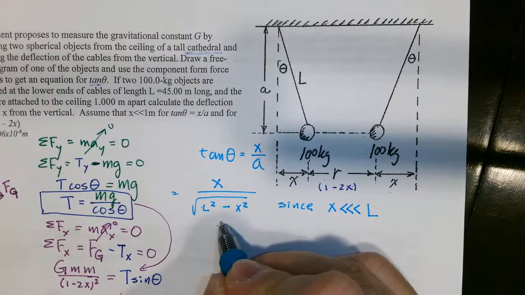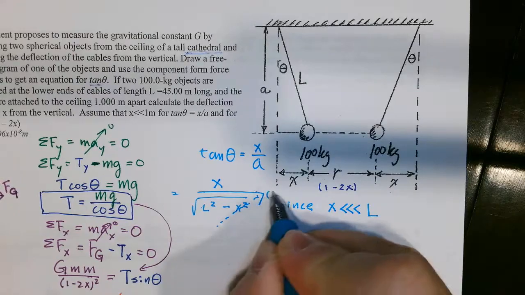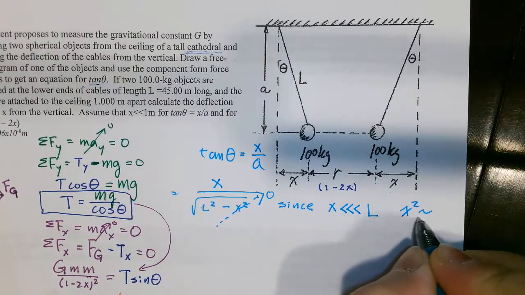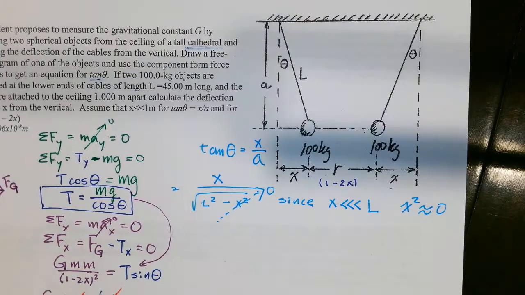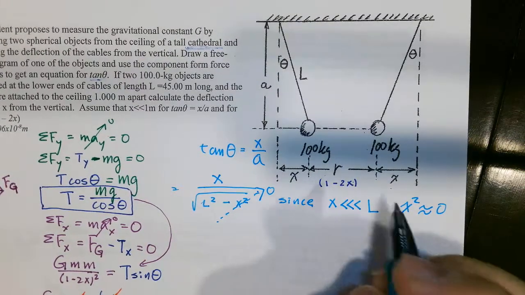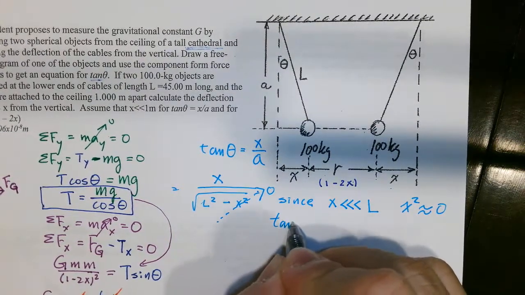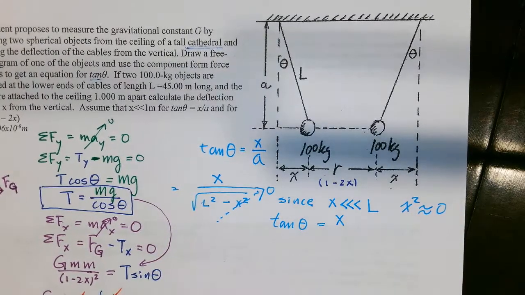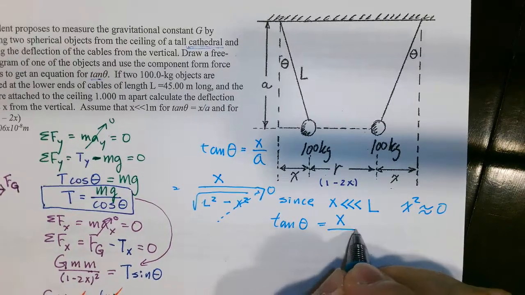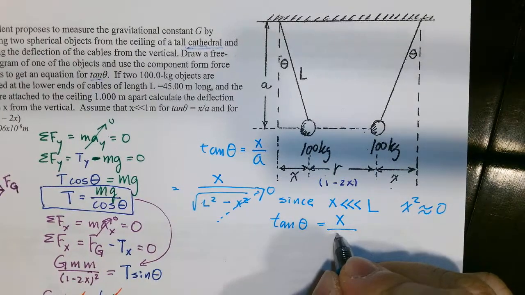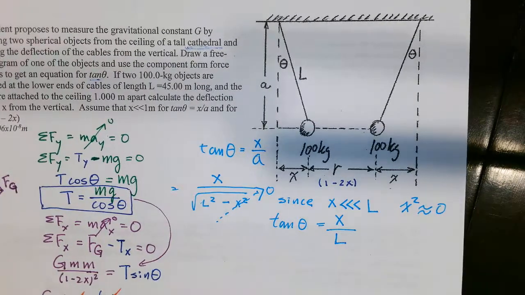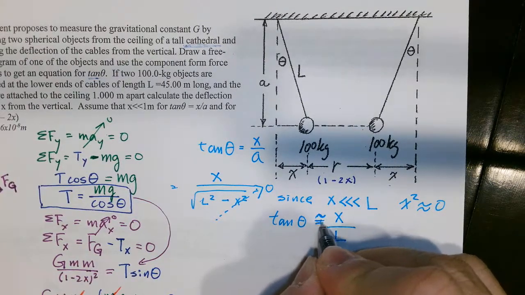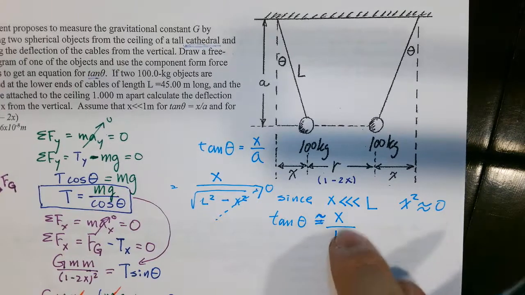Therefore, tan theta is equal to x over the square root of L squared, which is pretty much L. So we can utilize tan theta as x over L.